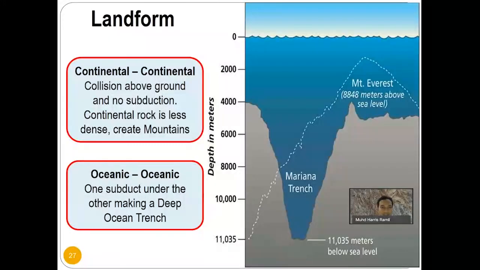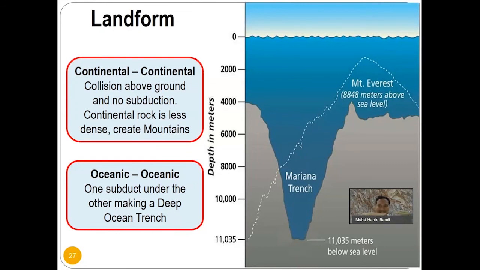Okay, so as you can see, landform. If you have two continental plates that collide, because these two continental plates have less density, continental is less dense compared to oceanic. So when these two plates collide, they're usually going to create mountains.